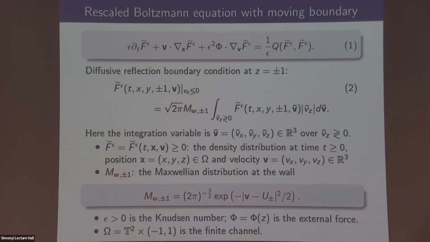So you have this rescaled Maxwellian, plus or minus, normalized to have L1 norm equal to 1 and evaluated at the walls. Epsilon is the Knudsen number again, phi is some external force, and omega is the finite channel domain that we're studying. So this is the model.